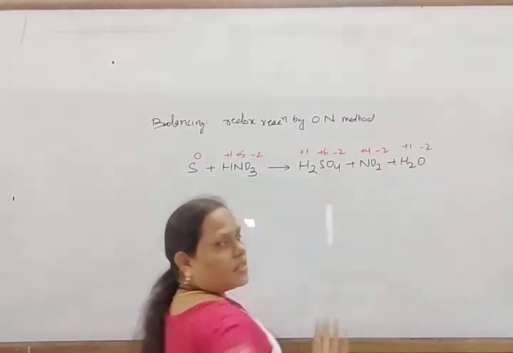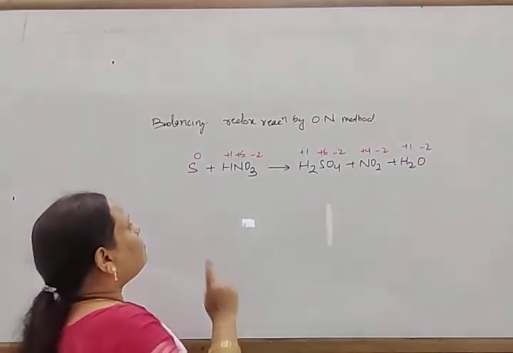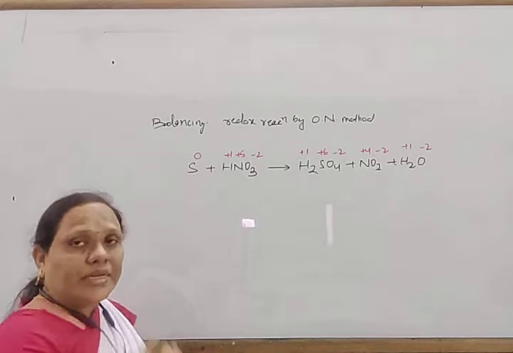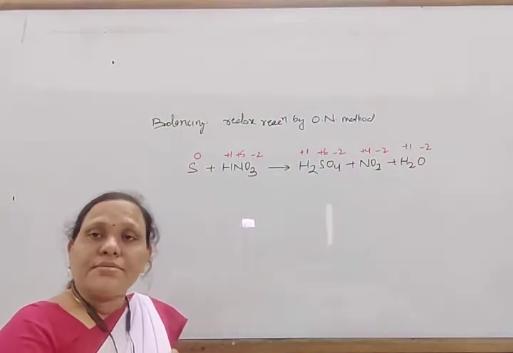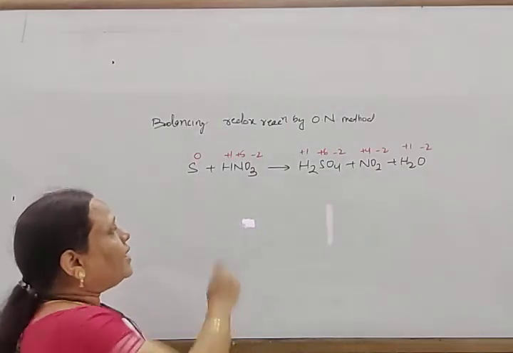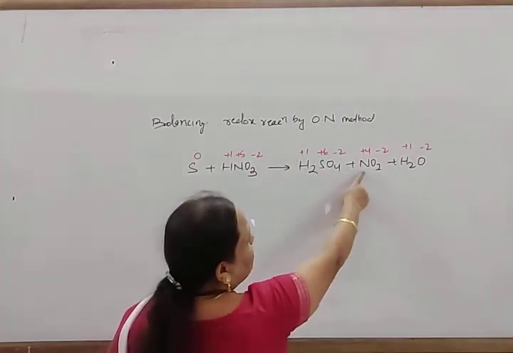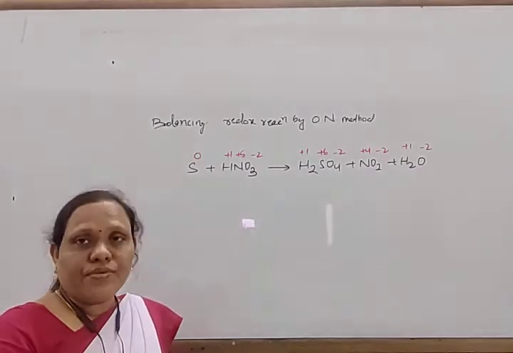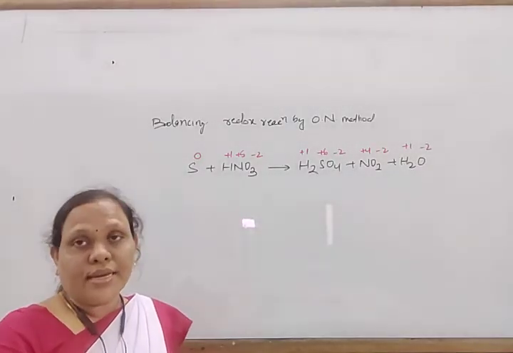But sulfur has 0 here and +6 here, so the oxidation number increased by 6, which means loss of 6 electrons. And nitrogen is +5 here and +4 here, so the oxidation number decreased by 1, which means gain of 1 electron.